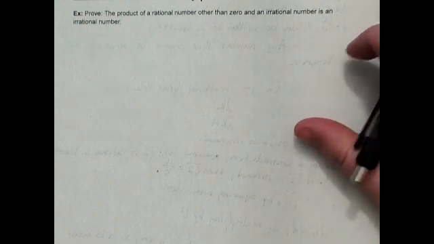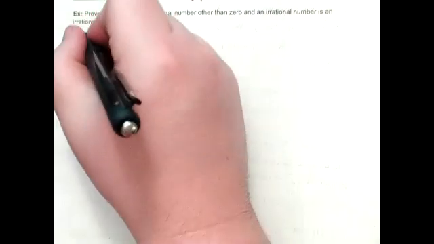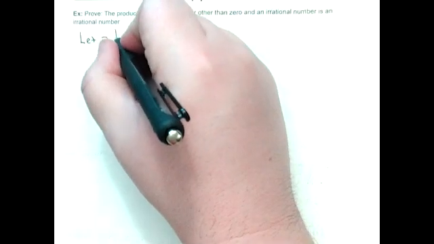So what we are going to prove in this next example is that the product of a rational number that is not 0 and an irrational number is going to result in giving us an irrational number. Now, what I want to start off by doing is I want to rephrase this using some variables. I'm going to actually start by saying let P be what needs to be proved.